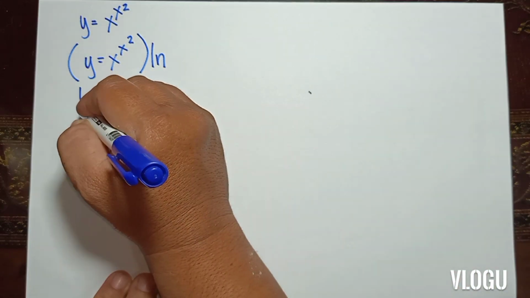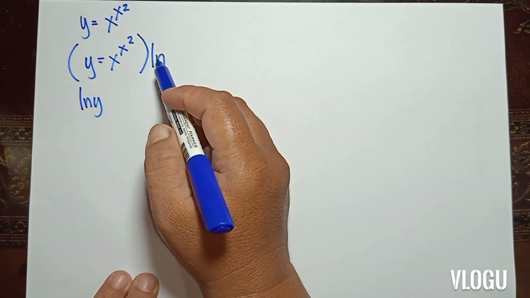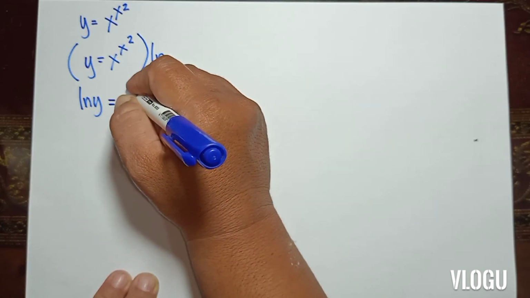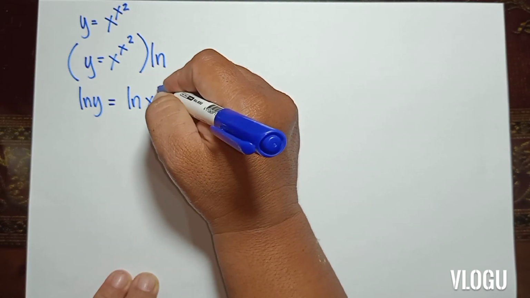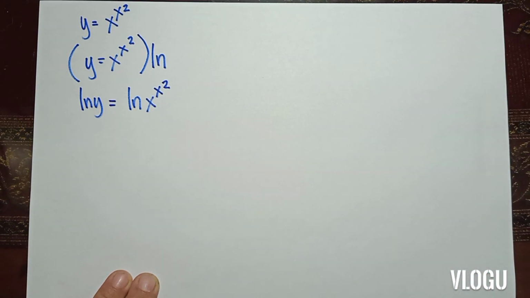So, we will have natural logarithm of y, multiply ln inside. So, we will have natural logarithm of x raised to x squared. Okay.